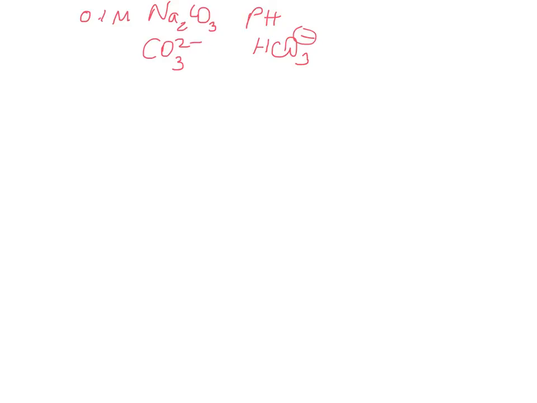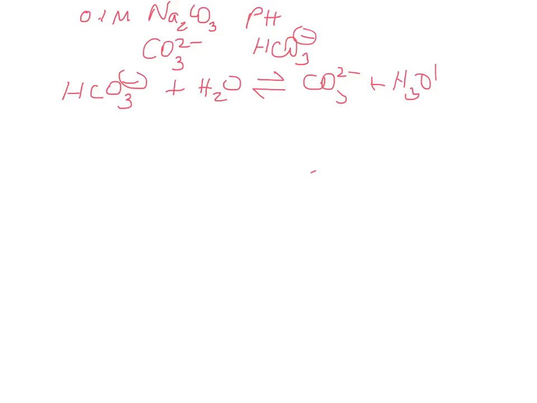So there is this equilibrium that is set up here, where the carbonate and the bicarbonate are basically linked to each other, because there is an ionization that can be written for carbonic acid, which is a two-step ionization. So realize that the conjugate acid HCO3 will react with water and give you carbonate and hydronium ion.